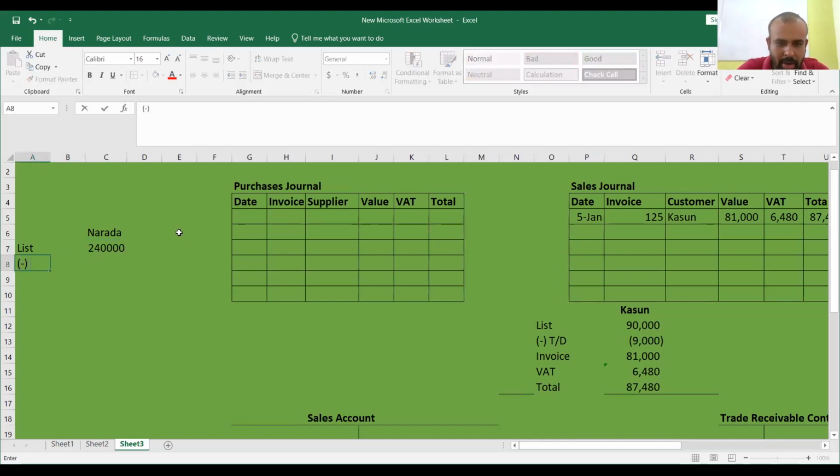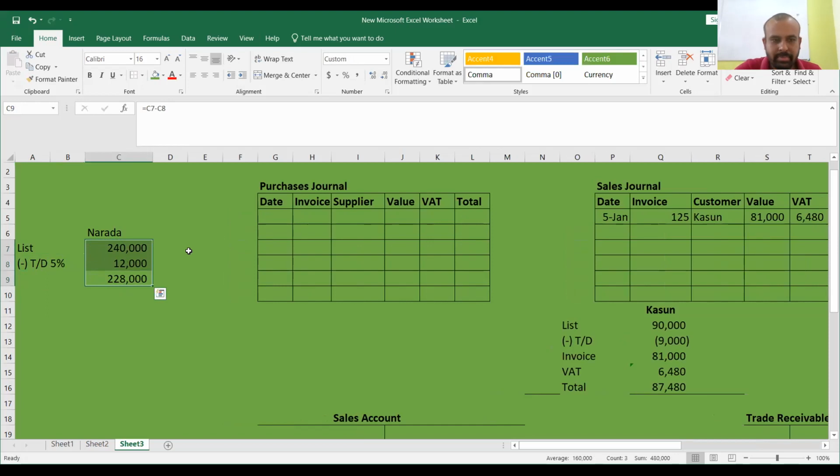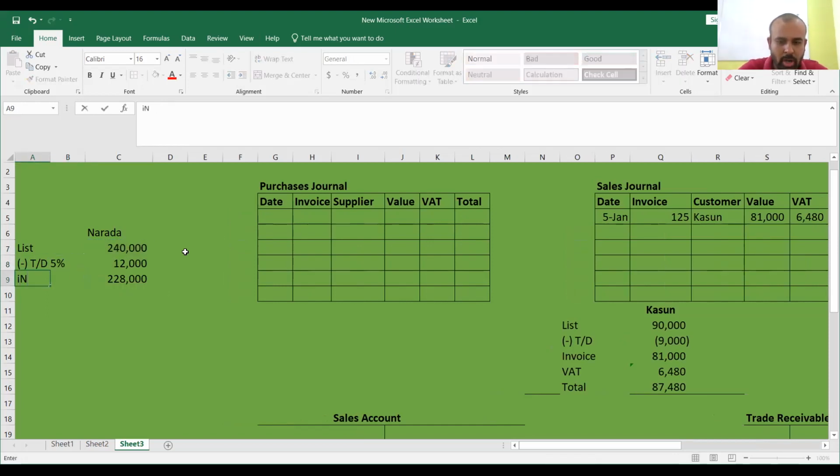We need to reduce a 5% trade discount. Trade discount of 5%. 5% of 240,000, son, it's 12,000. Right? Then this minus this, it's 228,000. Sorry, this is the purchase price. Right? This is the invoice price. How do you call this?